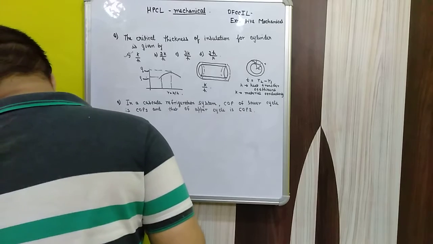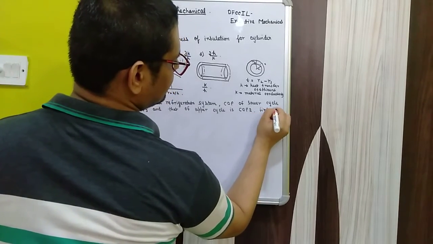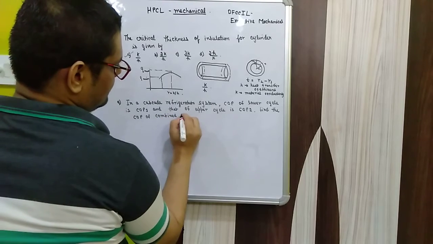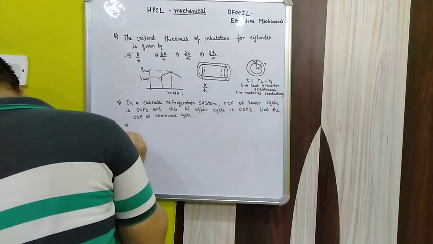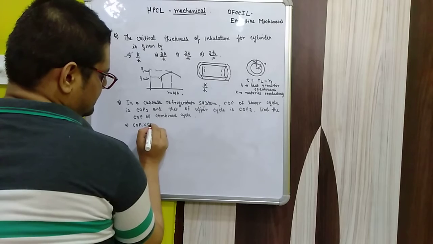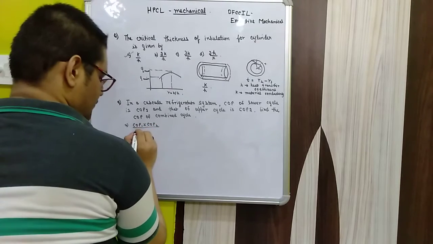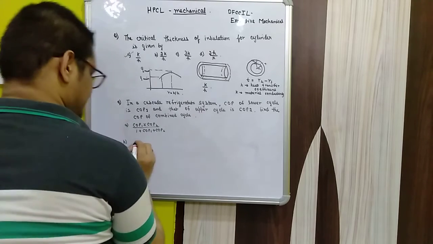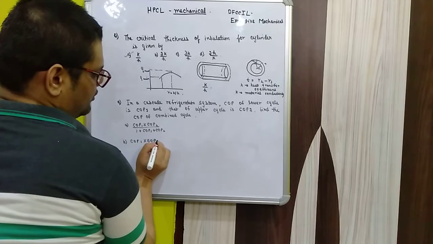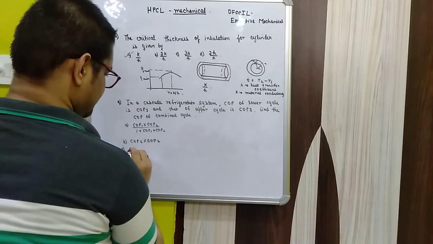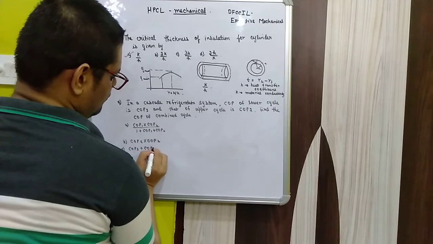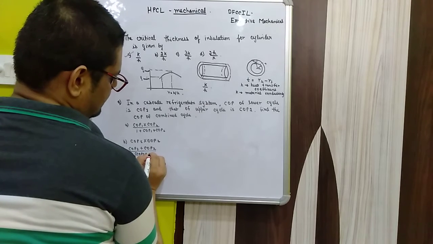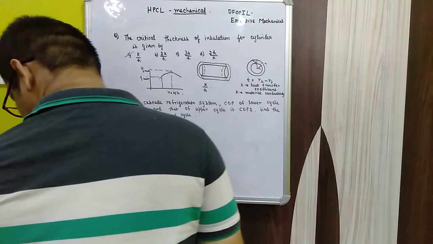Find the COP of the combined cycle. There are four options: option A is COP1 into COP2 divided by 1 plus COP1 plus COP2, option B is COP1 into COP2, option C is COP1 plus COP2 divided by 1 into COP1 plus COP2, and option D is none of these.